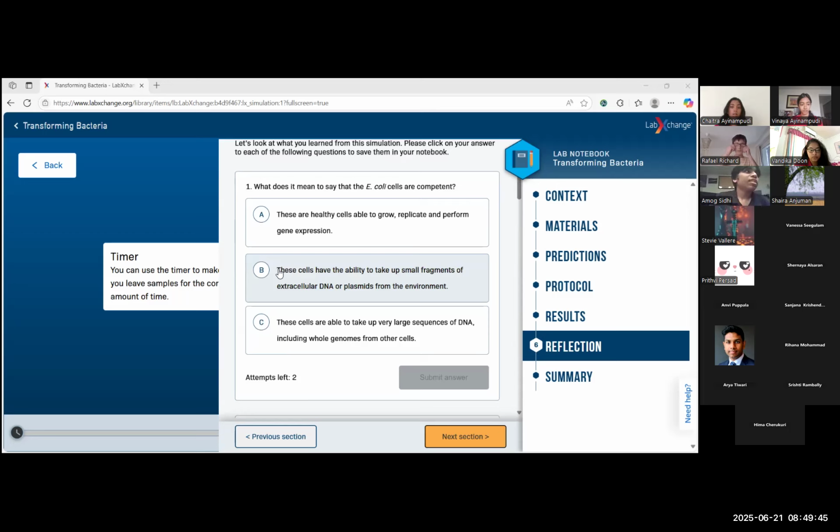So since E. coli bacteria is what helps things grow and will help take up small fragments, it would be B for the first one.